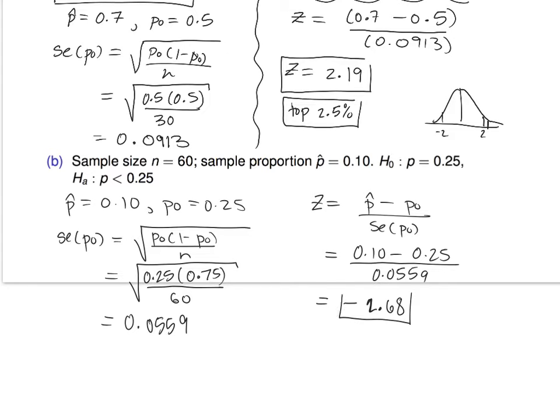How can you tell right away if your Z is going to be positive or negative? If p hat is smaller than p naught, then you're going to have a negative Z, right? If p hat is bigger than p naught, you'll have a positive Z. And is this guy unusual? Yeah, that's in the bottom 2.5%. Of the two, which is more unusual? The bottom one, because it's even farther away from the mean. Does that idea make sense? Okay, cool.